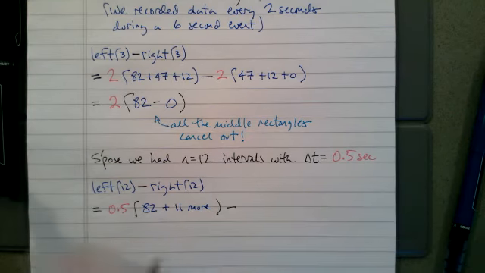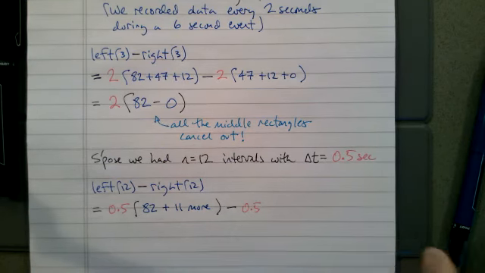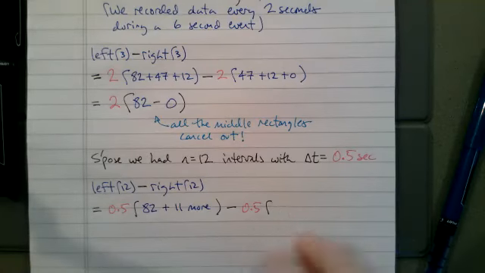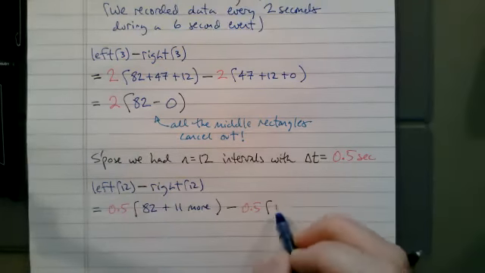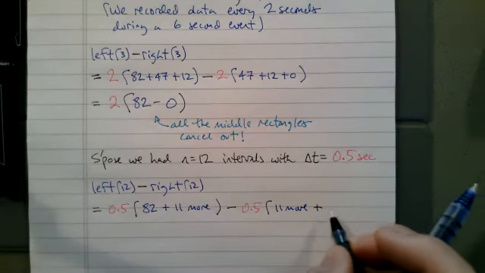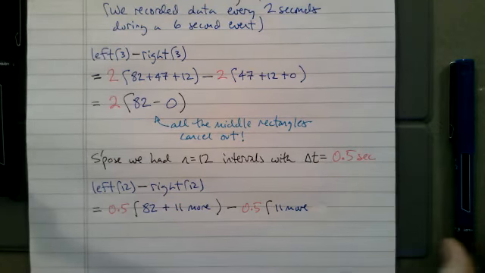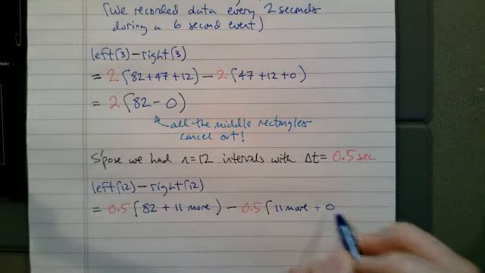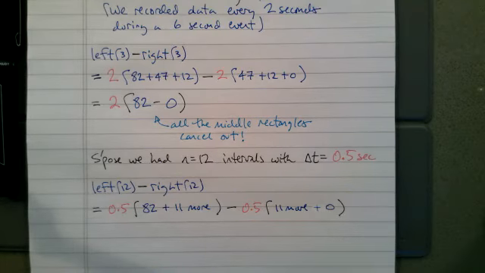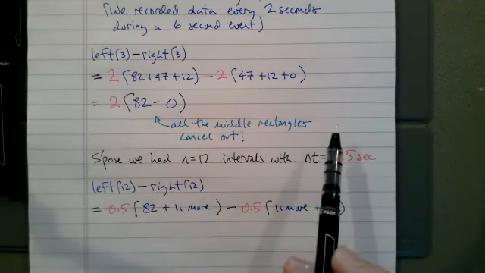And then I would be subtracting 0.5 times the 11 more in the middle plus the 0. So the 11 more, instead of just 2, like 47 and 12, there'd be 11 data points in the middle.